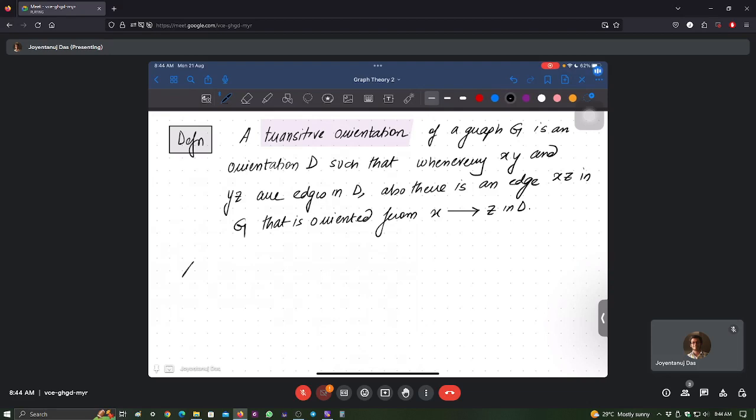So now, a simple graph. A simple graph G is a comparability graph if it has a transitive orientation.